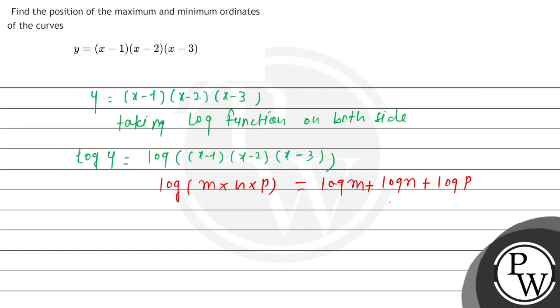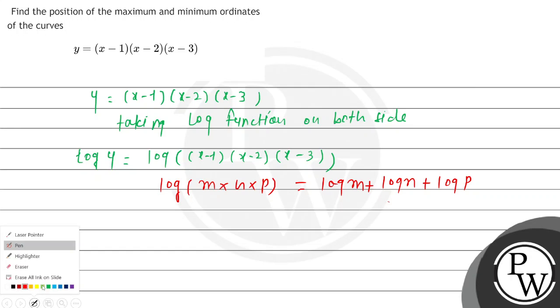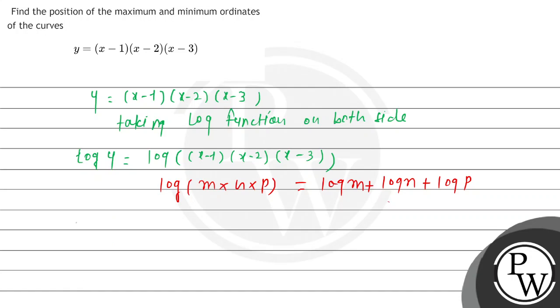So the same concept applies here. The log y is equal to log (x - 1) plus log (x - 2) plus log (x - 3). Now we'll differentiate it with respect to x.